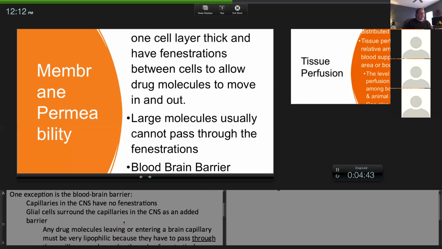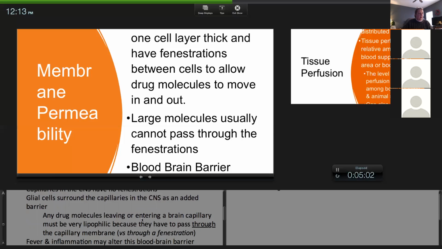Now, we talked about this in anatomy, the blood-brain barrier. The capillaries in the brain are a little bit different, as they do not have the fenestrations. They have glial cells, which are like little things that cover those fenestrations. So any drug molecules that cross have to be very lipophilic because they can pass through easier.